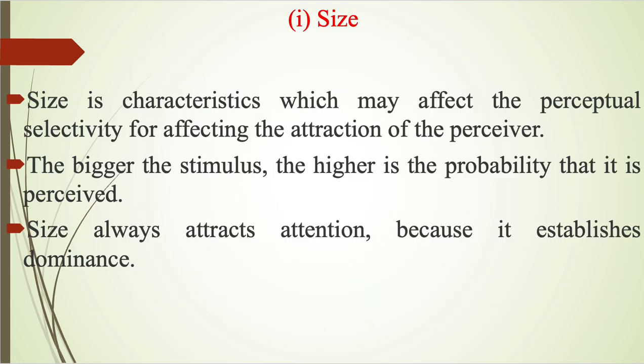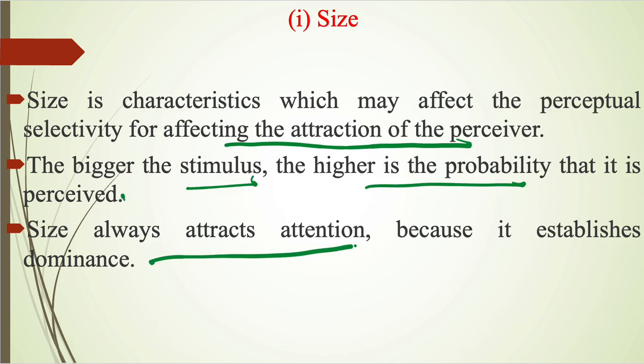Size is a characteristic which may affect perceptual selectivity by affecting the attention of the perceiver. The bigger the stimulus, the higher the probability that it is perceived. Size always attracts attention because it establishes dominance. So size should be such that it gets attention from the consumer.